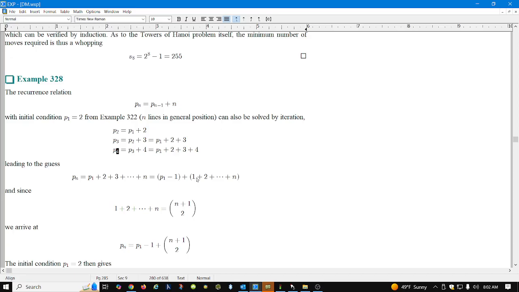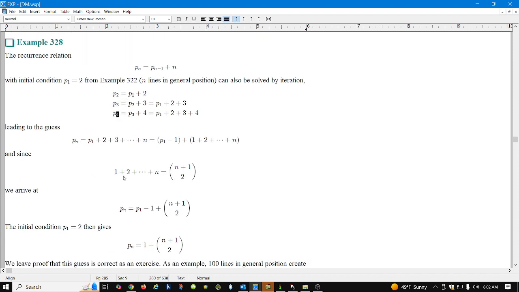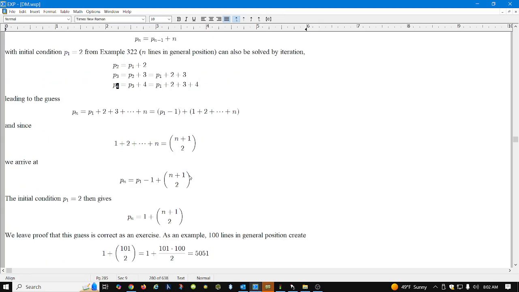And what I did, just to make this a little easier to cope with, I wanted this sum not to go from 2 to n, but from 1 to n, so I subtracted 1. Because this sum is n plus 1 choose 2, and so Pn is P1 minus 1 plus n plus 1 choose 2.